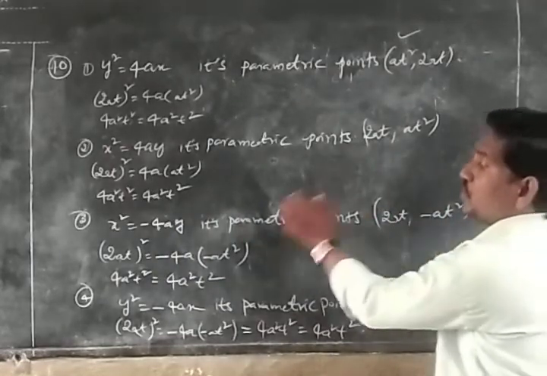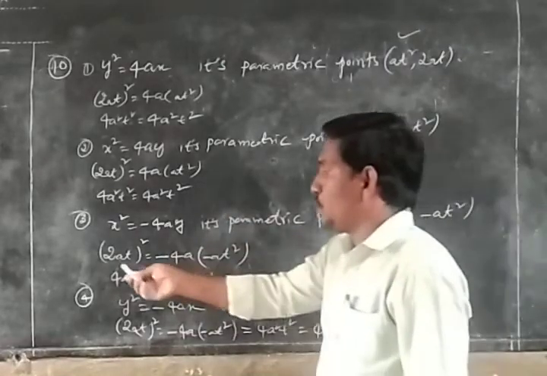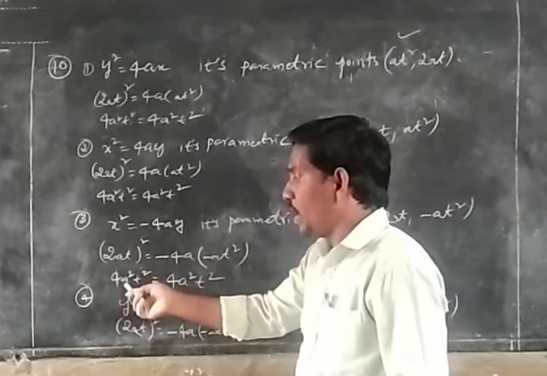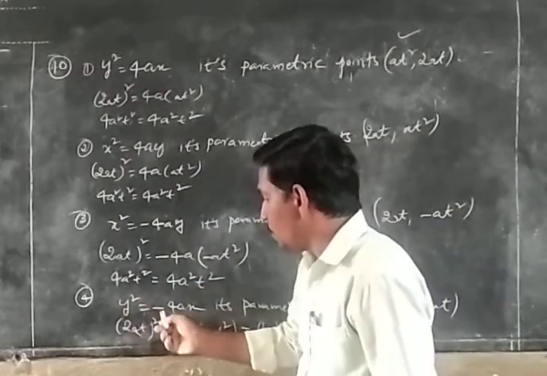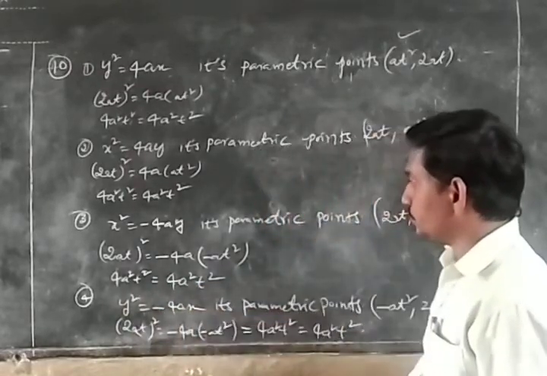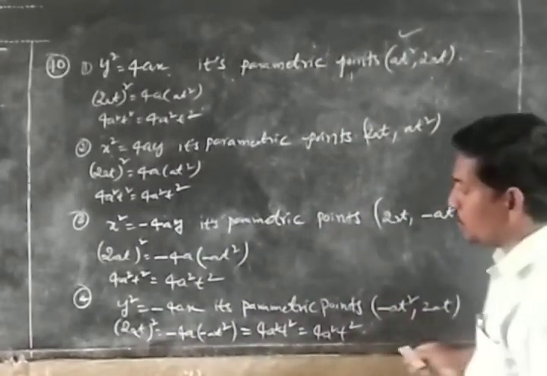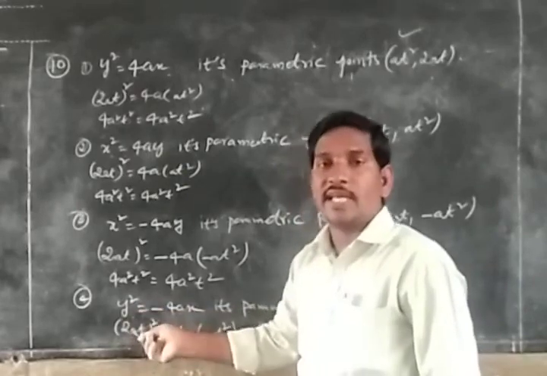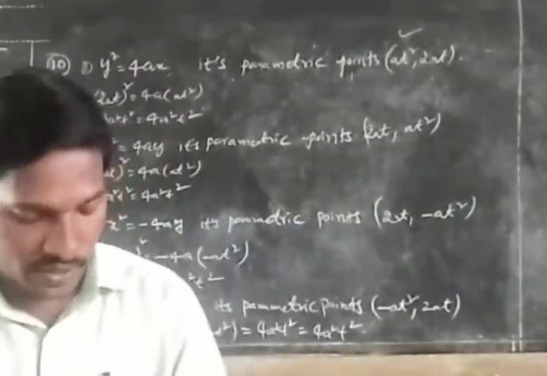So when you substitute in the parabola, it's satisfied. (2at) whole square, again 4a square t square equal to 4a square t square. Again y square is equal to minus 4ax, again (minus at square, 2at). When substituted, it is also satisfied. So these are the parametric points of the given parabolas.